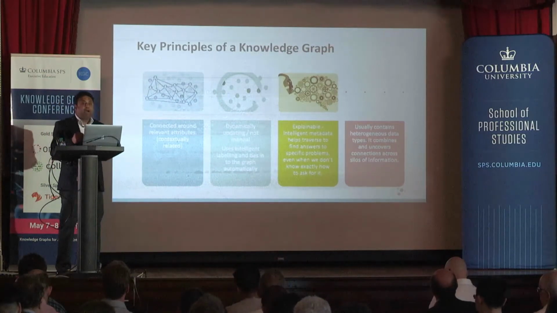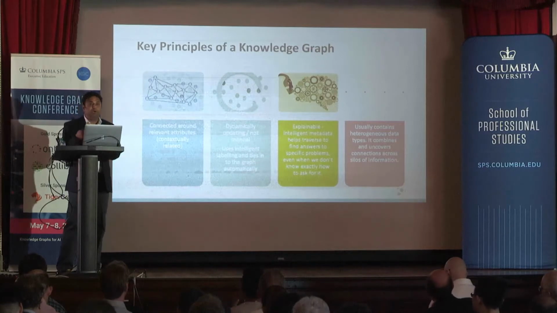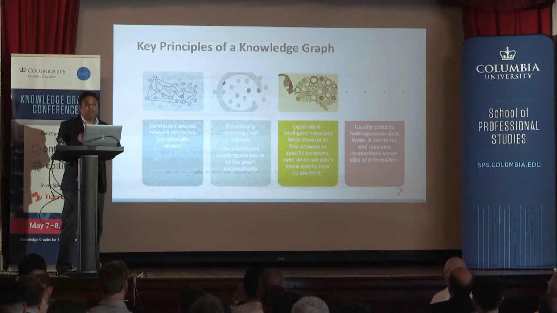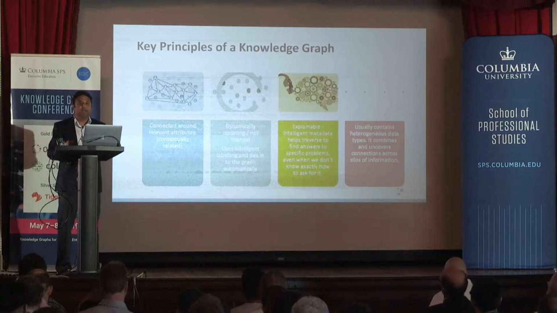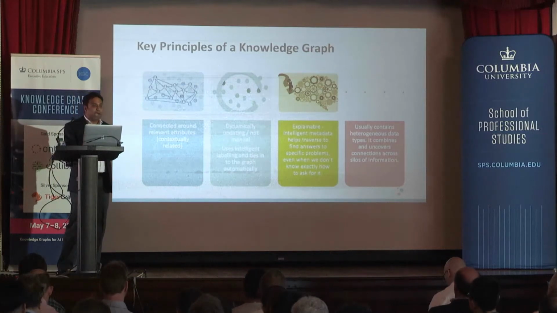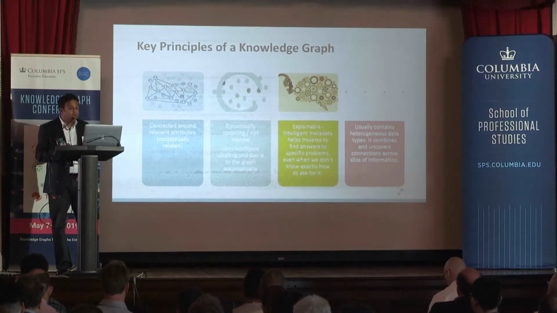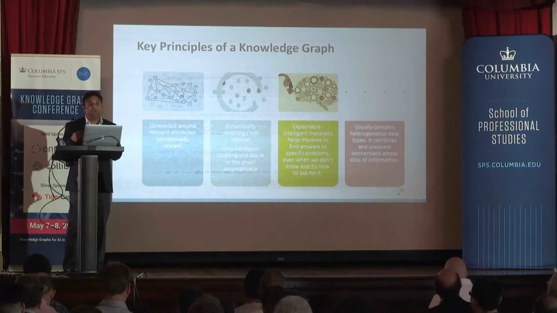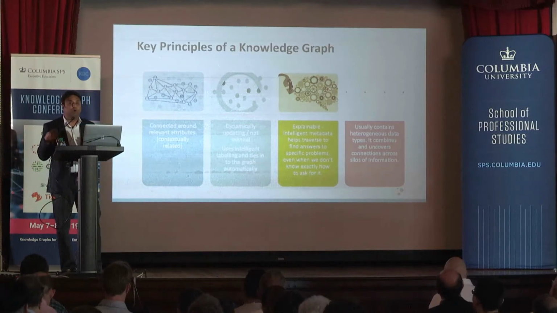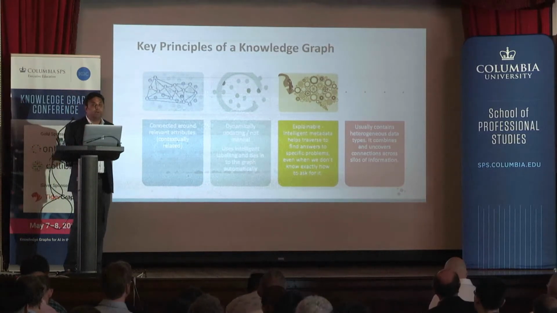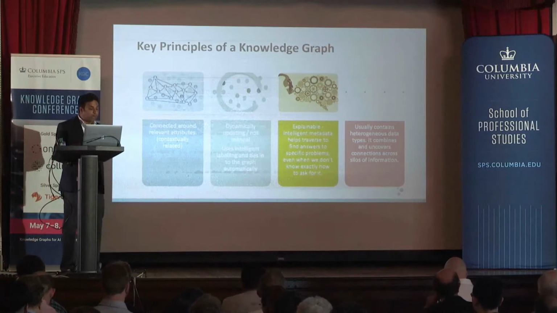Also, the graph needs to be dynamically updating. You cannot have manual intervention by humans for each piece of data as it's coming in. So you need machine learning techniques to auto-label, to auto-populate the graph and connect it with the right context.